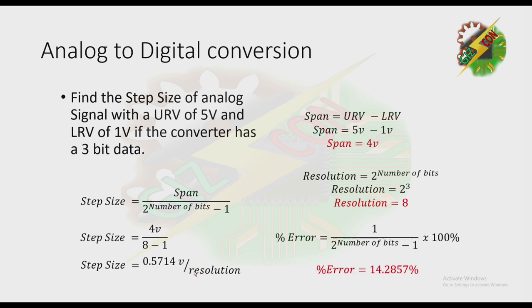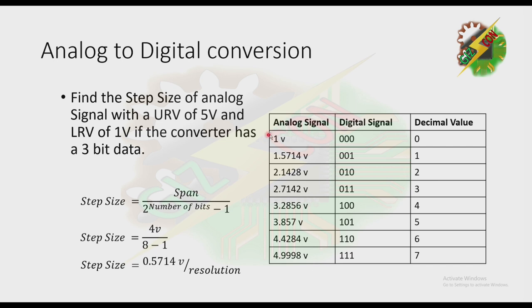And the percent error will be 1 over 2 raised to the number of bits minus 1, times 100%. As you can see here, we have 14% error. And here, we have 1 volt, with a digital signal of 000 and the decimal value 0.